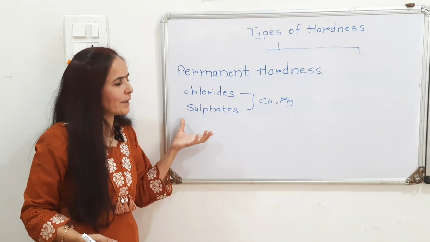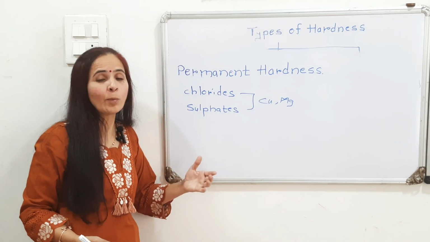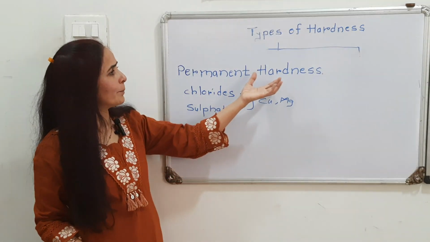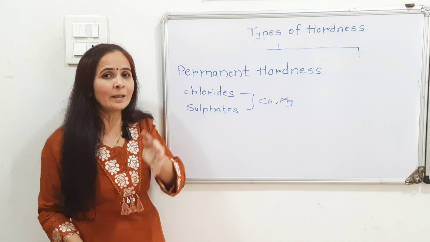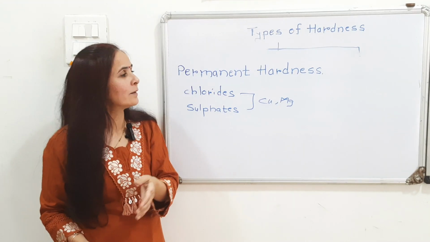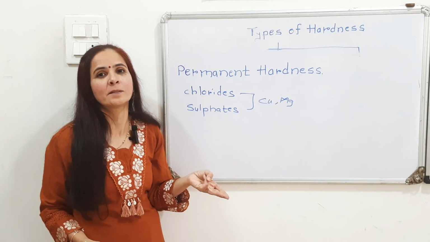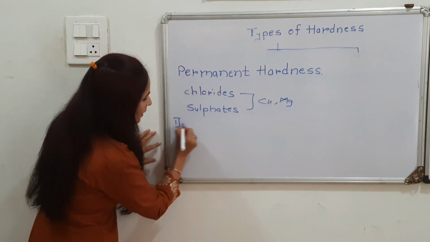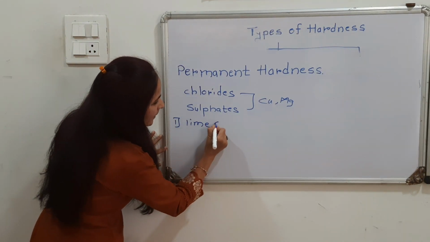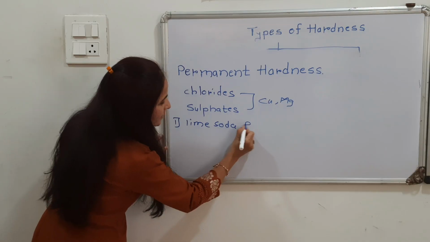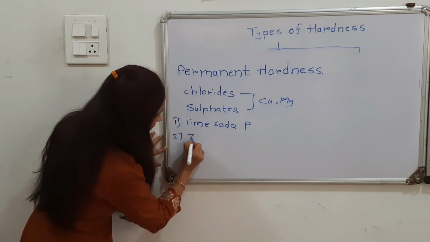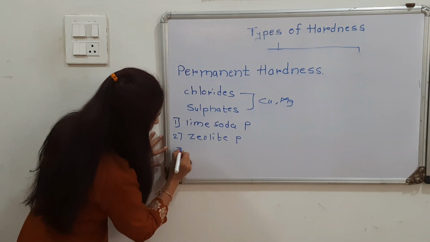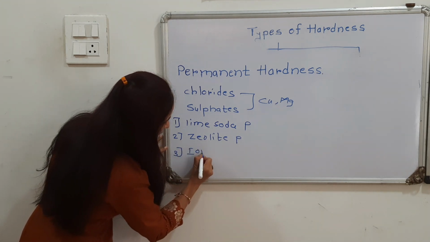This hardness cannot be removed by the simple boiling method. To remove the permanent hardness, different chemical techniques are used. There are three techniques: first the lime soda process, second the zeolite process, and third the ion exchange process.